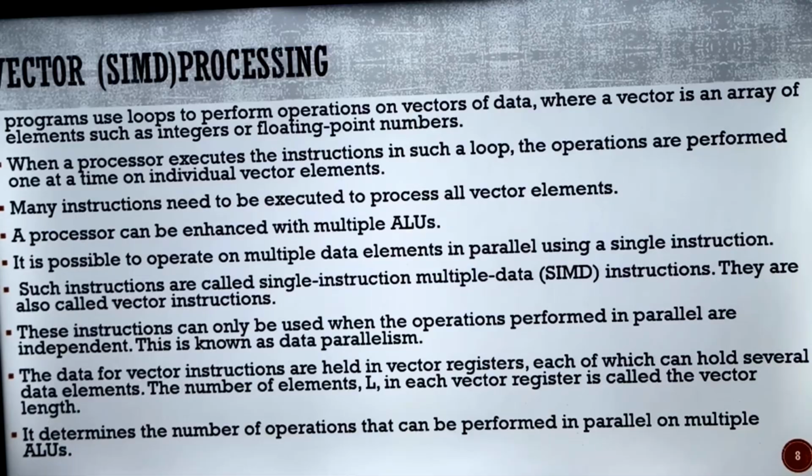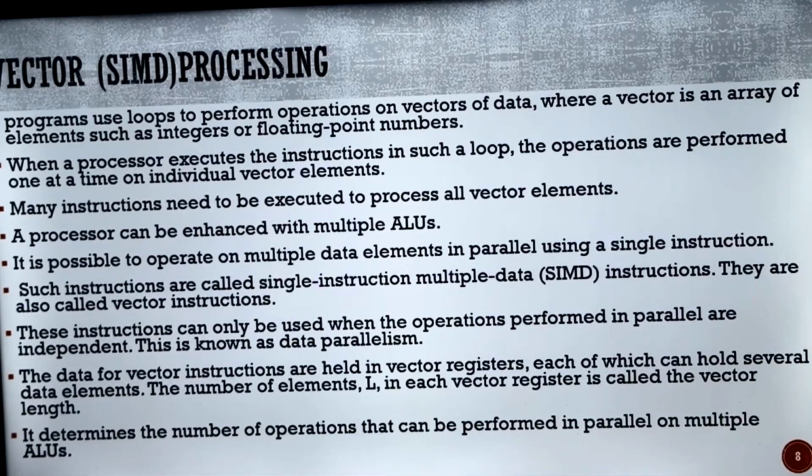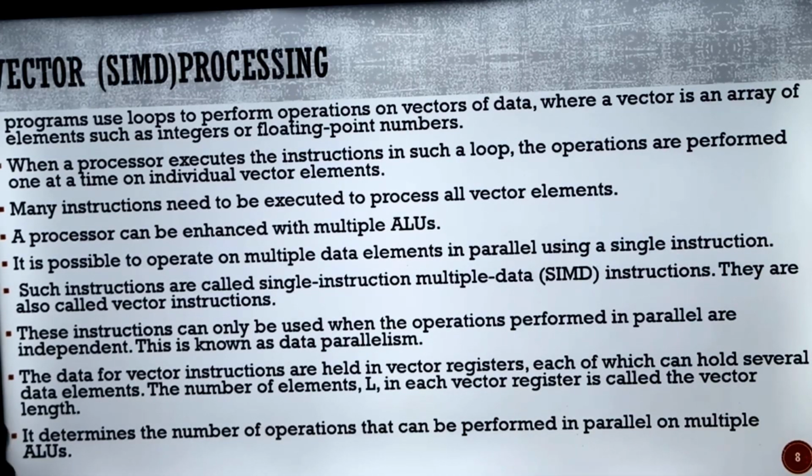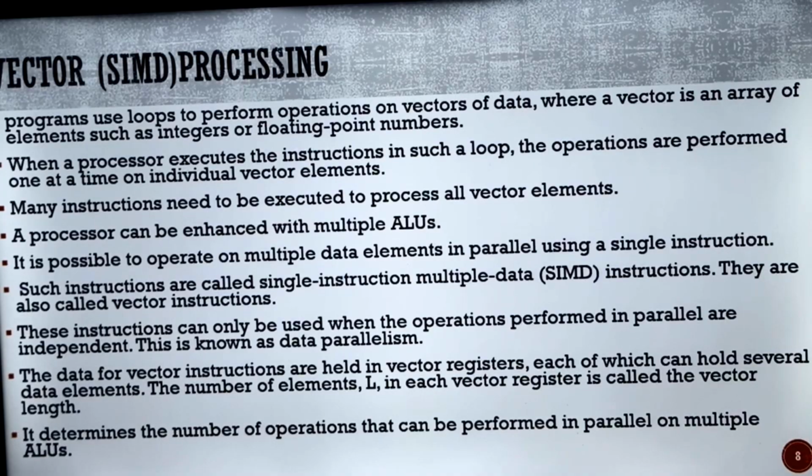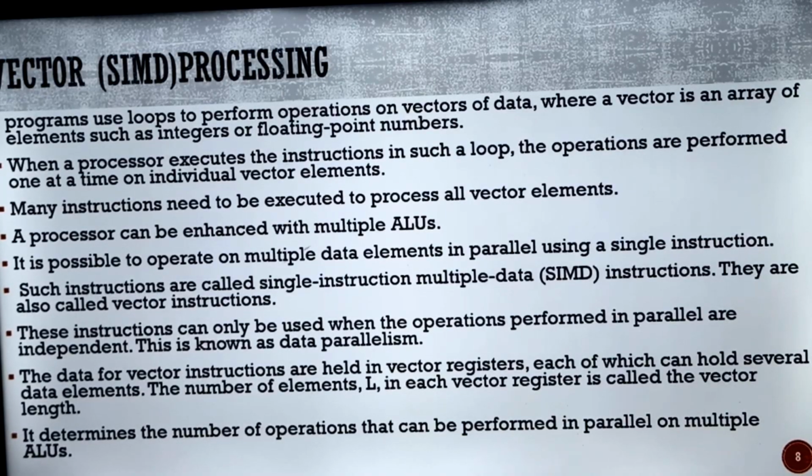If I am doing add R0 comma R1, then I am adding a single element from R0 and a single element from R1, and I am storing to R0 only. So every time I am dealing with single data, as of now, whatever instructions I have. Now it looks fine to deal with the single data. So whatever instructions we are dealing with, single data means SISD, single instruction, single data.